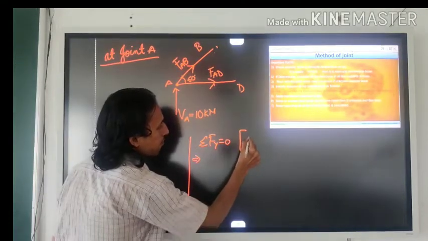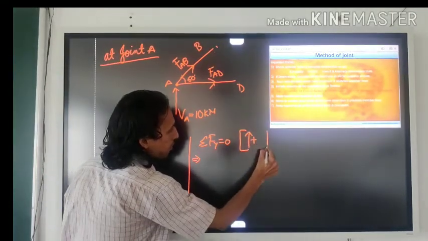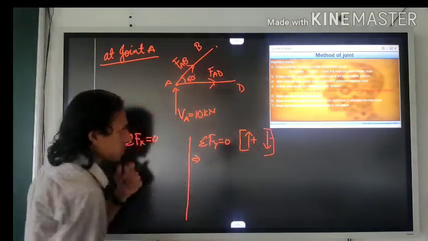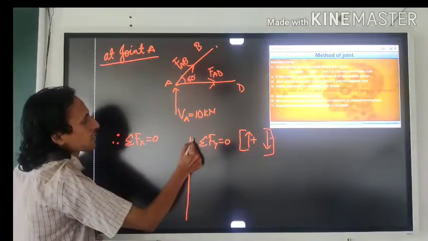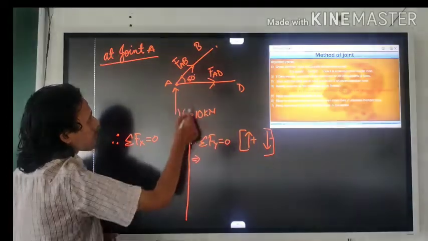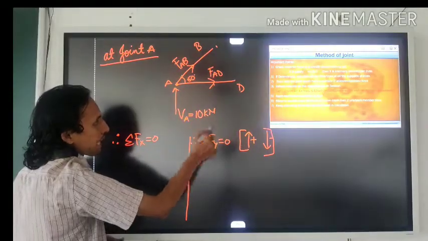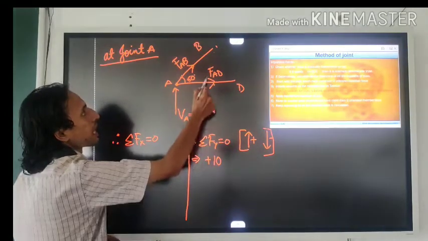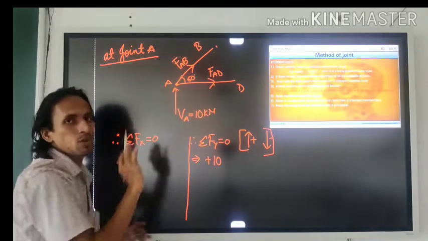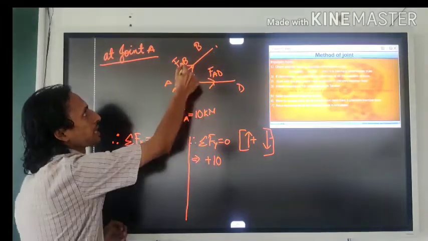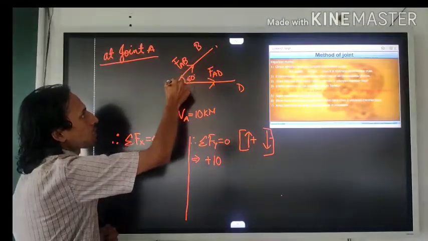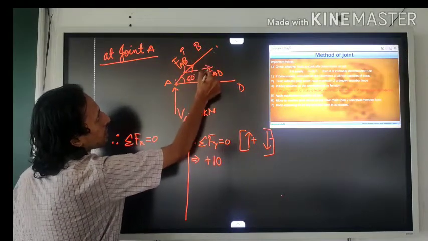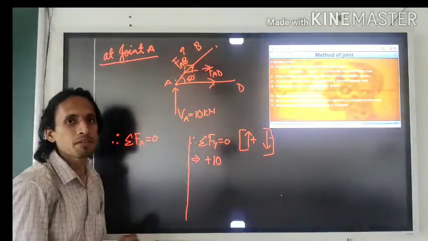Same sign convention we are using. So how many vertical forces are at joint A? First is VA, it is in the upward direction, so positive 10. Then AD is in the x direction, so nothing can be written. Then the vertical component of FAB will be there.